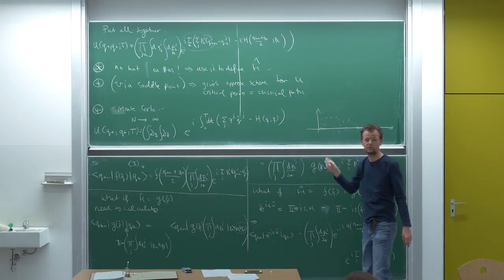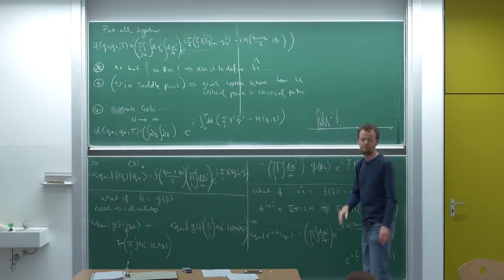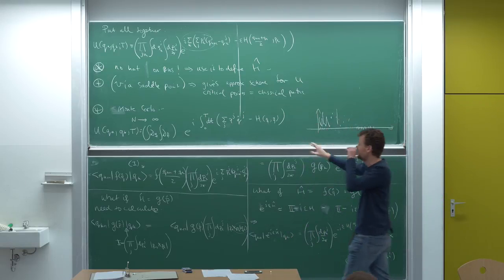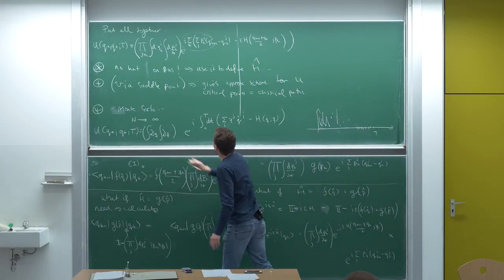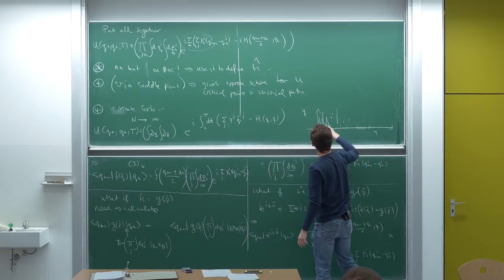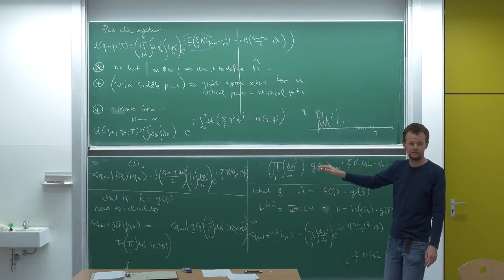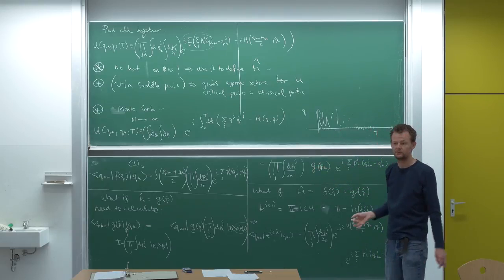And it's very tempting to join up those dots and say that this is really an integral over paths. So this is q, this is time. You sum over all possible paths. I even wrote it at the beginning of the lecture, right?